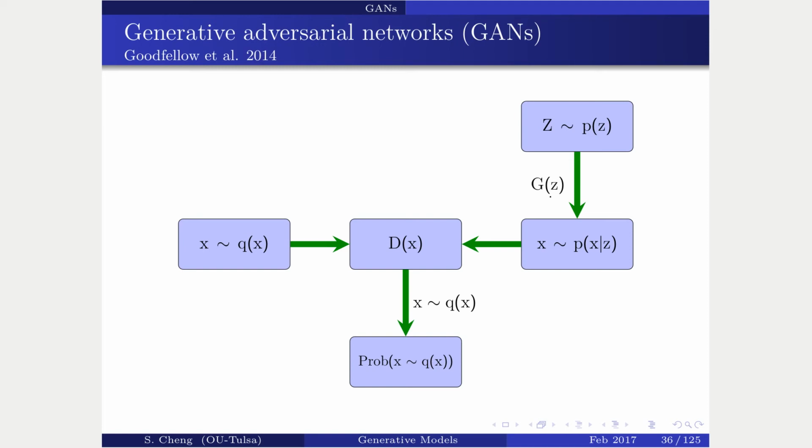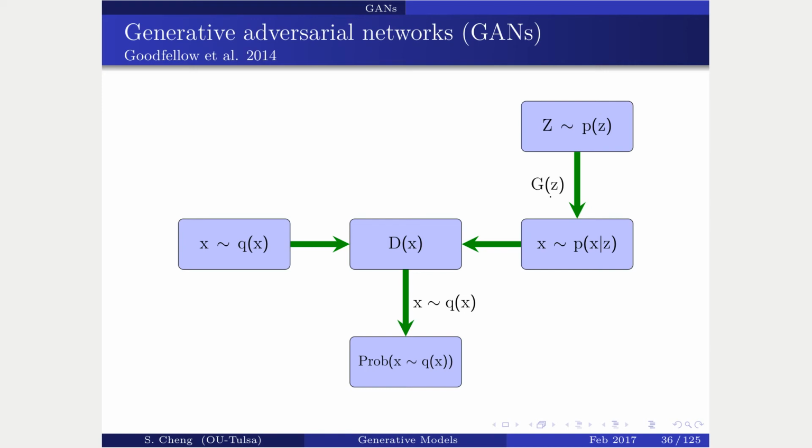But anyway, I digressed a little far. For any game like that there would be a equilibrium. Actually one of the equilibria here is the one we want to aim for: the generator is able to create data samples that are, I shouldn't say identical, indistinguishable from the training data.